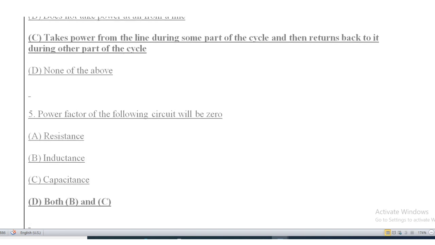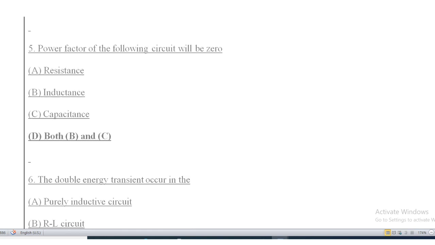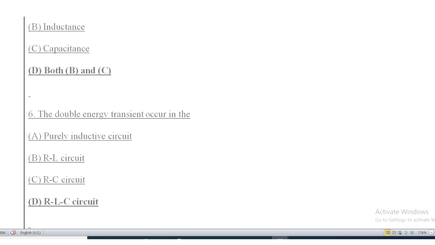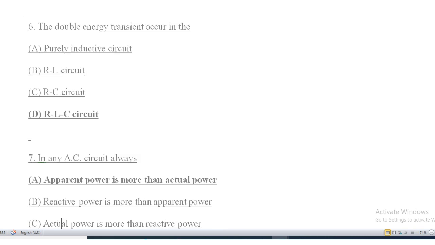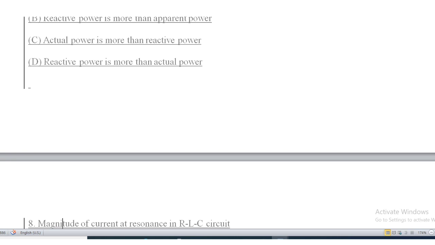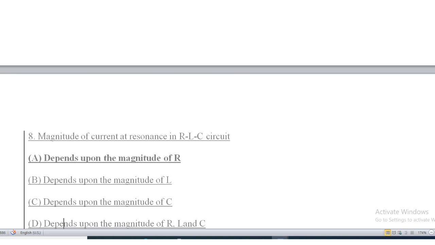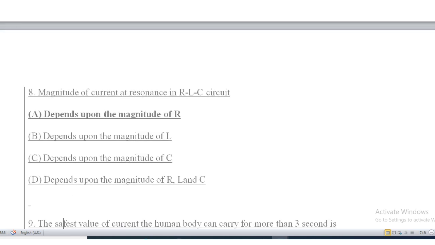Power factor of the following circuit will be zero: resistance, inductance and capacitance, that is B and C. The double energy transient occurs in RLC circuit. In any AC circuit, apparent power is more than actual power. Magnitude of current at resonance in RLC circuit depends upon the magnitude of R.